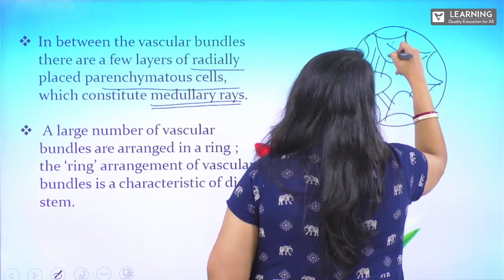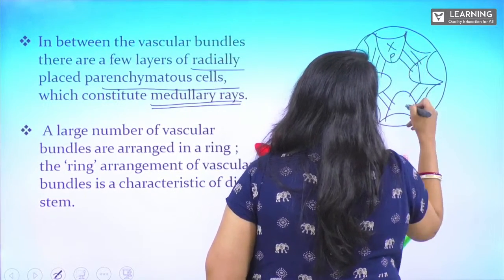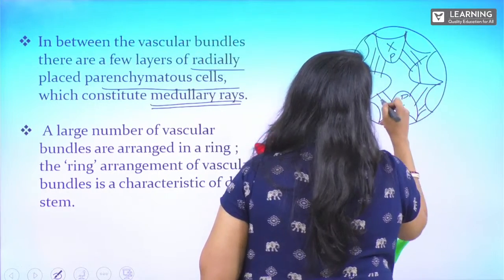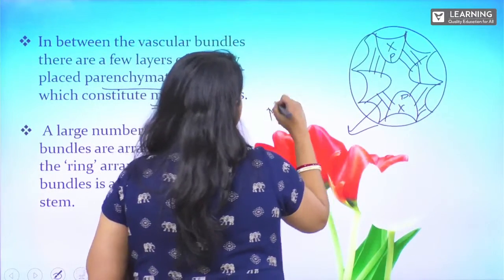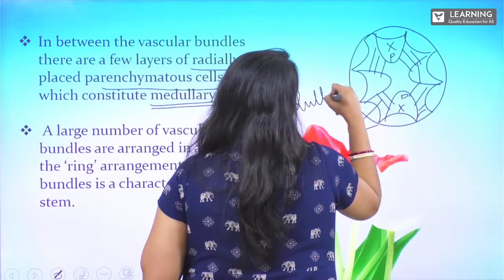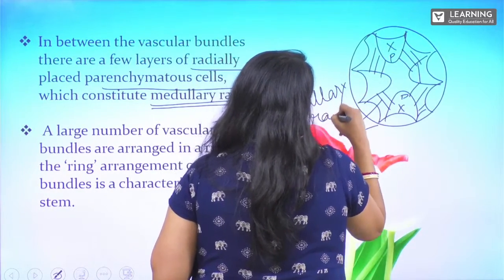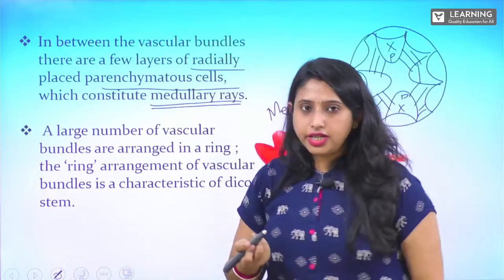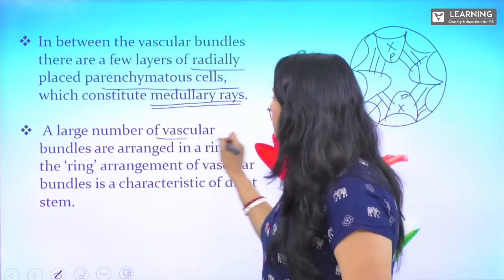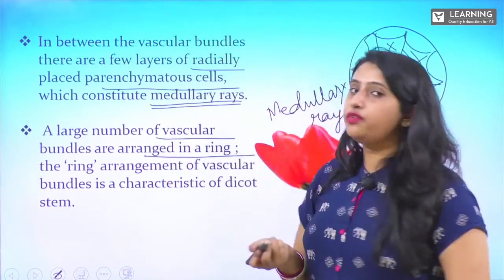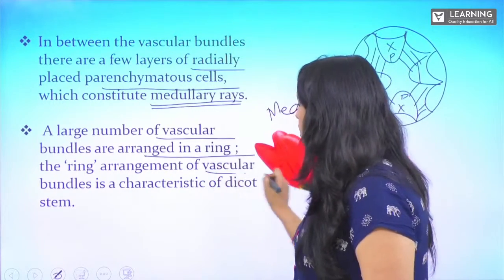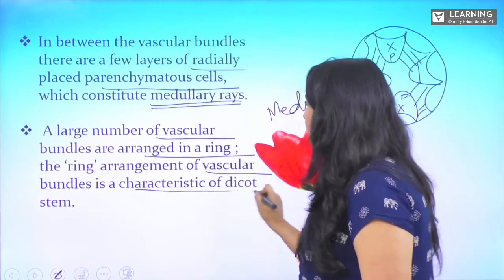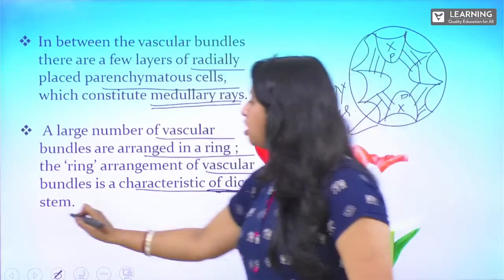This is your xylem, phloem. These rays are called medullary rays, right? A large number of vascular bundles are arranged in a ring, and the ring arrangement of the vascular bundles is a characteristic of the dicot stem.